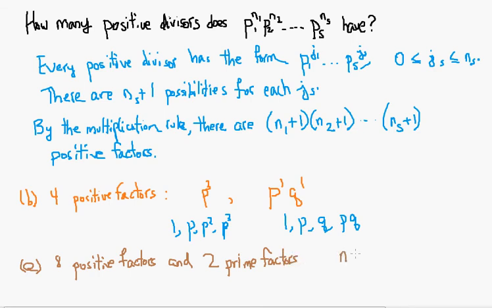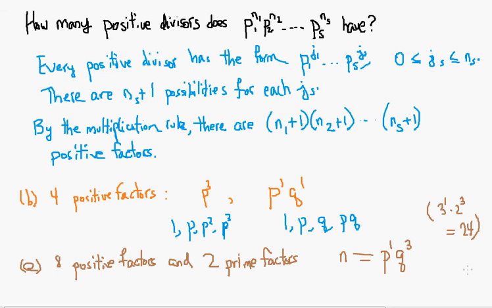So n would be equal to a prime to a power times another prime to a power. And I need to choose these exponents so that the first number plus 1 times the second number plus 1 equals 8. Clearly this would be done by p to the first times q to the third. So anything like this would work. For example, the smallest number along these lines would be 3 to the first times 2 to the third, which would equal 24. And you can quickly check that 24 has exactly 8 positive factors. So that's this problem here.